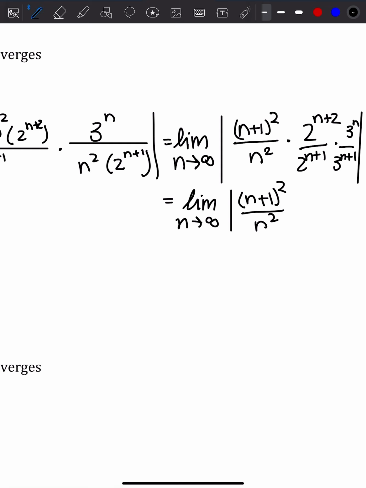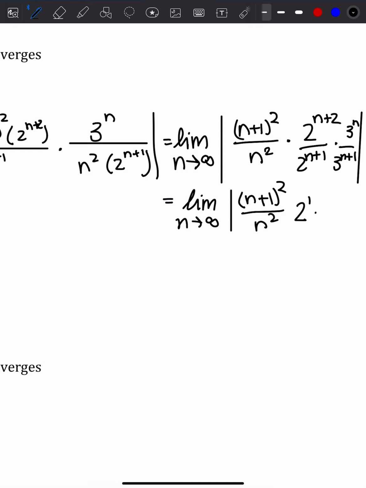We have 2 to the n plus 2, and we are dividing it by 2 to the n plus 1. I can do something similar. I can take away 1 from 2 to the n plus 2 and make it 2 to the n plus 1 times 2 to the n, or 2 to the 1. And so when I divide these, I can subtract those exponents. N plus 2 minus n plus 1 would give us 2 to the first.